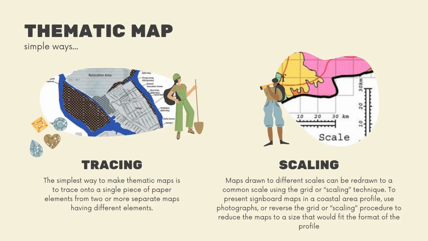Maps drawn to different scales can be redrawn to a common scale using the grid or scaling technique. To present signboard maps in a coastal area profile, use photographs or reverse the grid or scaling procedure to reduce the maps to a size that will fit the format of the profile.